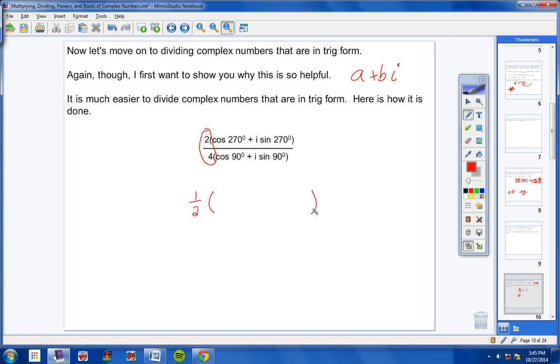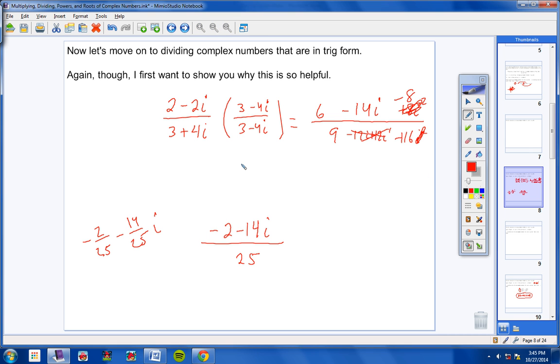And it is important that you subtract them in the right order. It's the top angle minus the bottom angle. So 270 minus 90 would be 180, plus i sine of 180. Subtract your two angles here. That's it. Now that is so much faster than this over here.